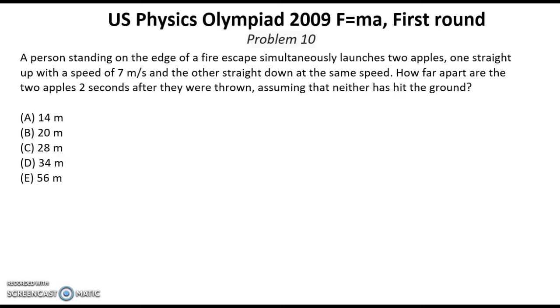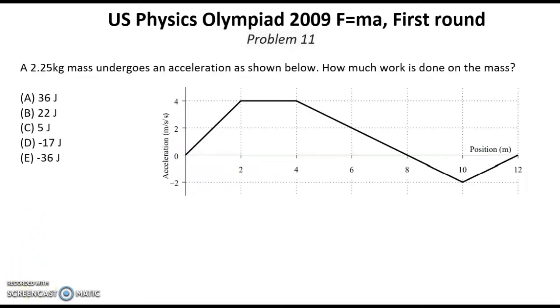One is straight up with the speed 7 meters per second and the other straight down with the same speed. So relative speed will be 14 meters per second. It means that in 2 seconds they will be 28 meters apart. So that's the solution. C is the correct answer.